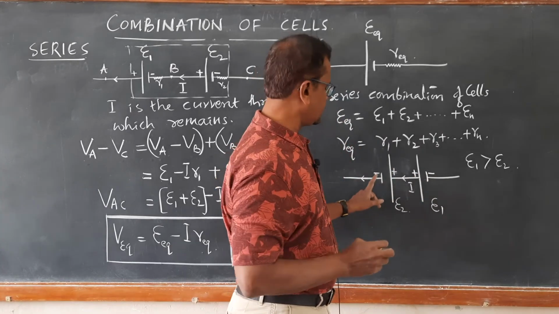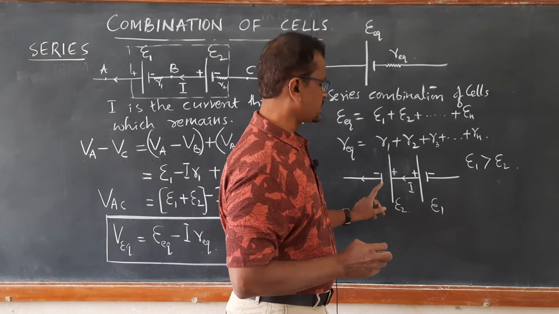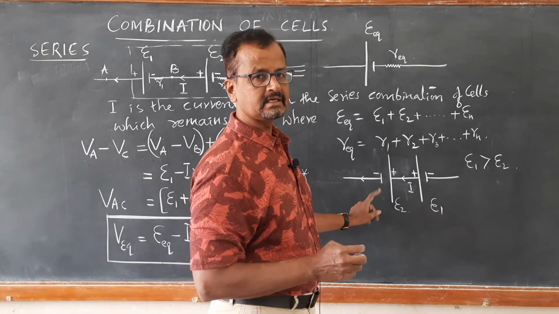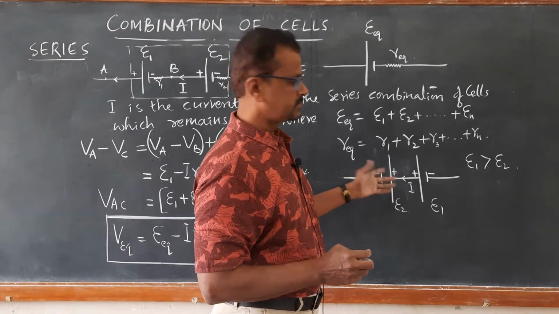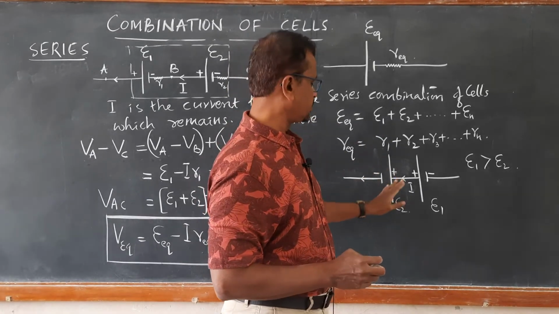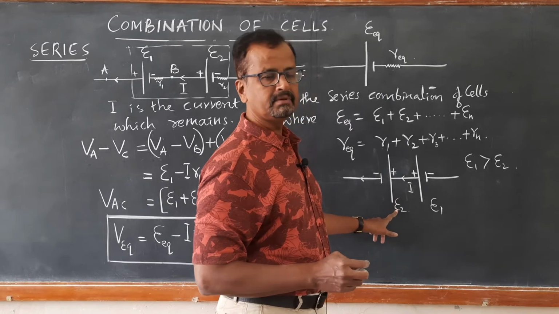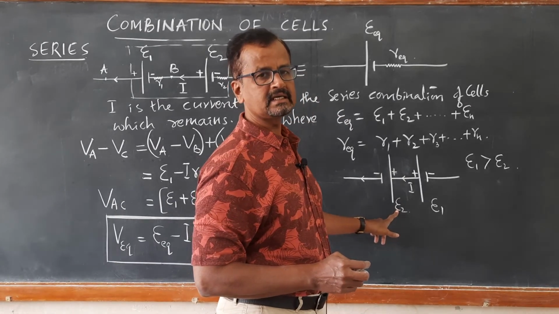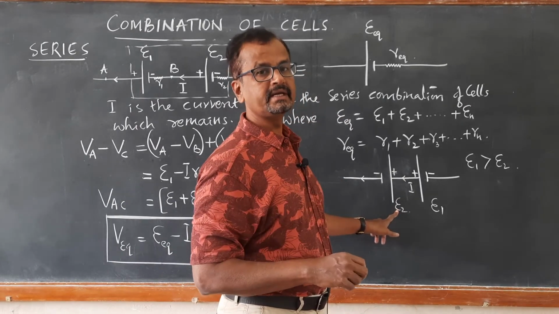Now look at the direction of current in the second cell. The direction of current in the second cell is reversed. It is entering from the positive terminal and passing through the negative terminal. Therefore, you have to take the EMF of the second cell as minus E2.